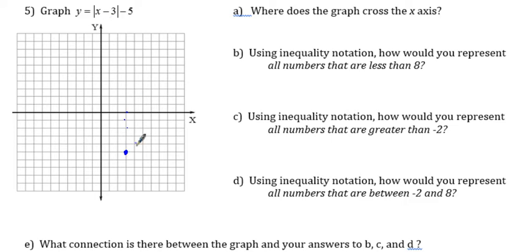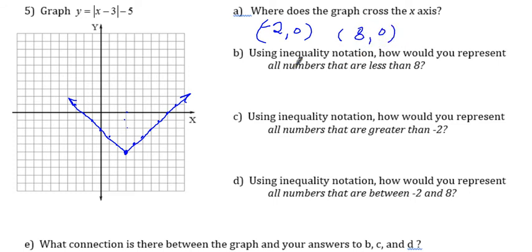We're an upward facing V. So let's graph that and see where it crosses. Where does it cross? It crosses at negative 2, 0 and 8, 0.